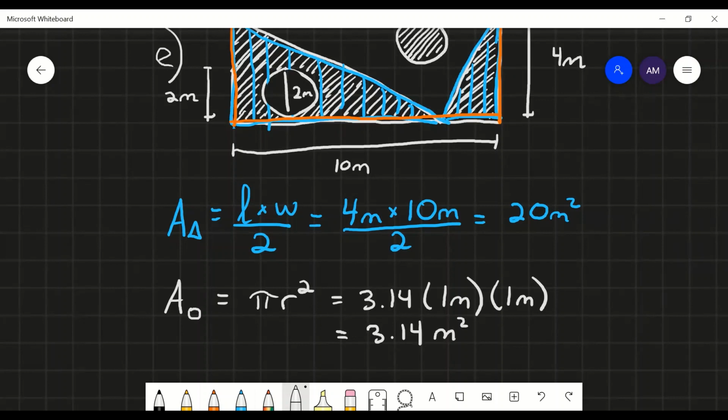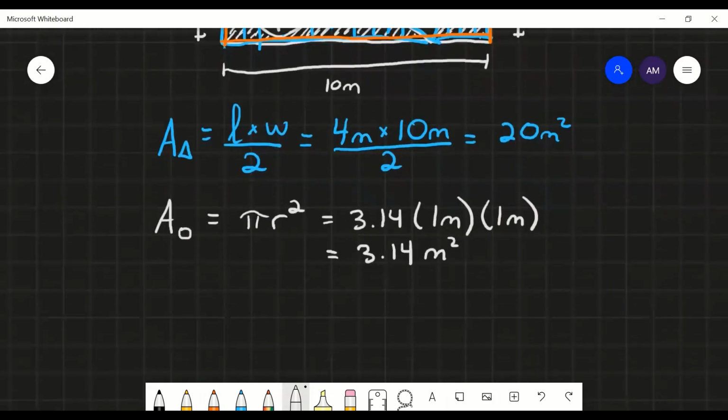So if I really want to know what the area of those two triangles are, I have to subtract the area of the circle that is missing from the area of the triangle if there were no holes in it.